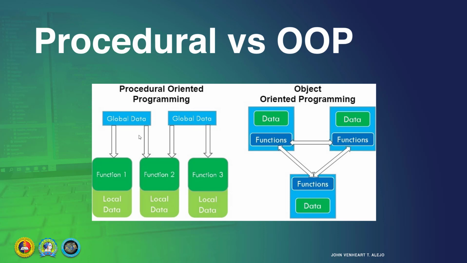That leads to trouble when we are creating large applications, because in large applications there is data that is reusable and can be accessible to some parts of the application. So what happens if you have data in function 1 that is similar to function 2?